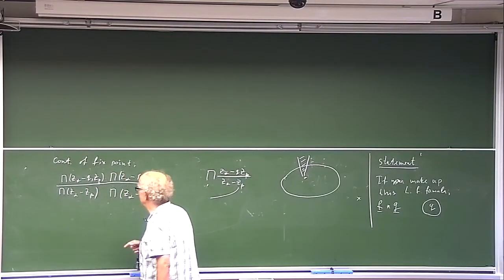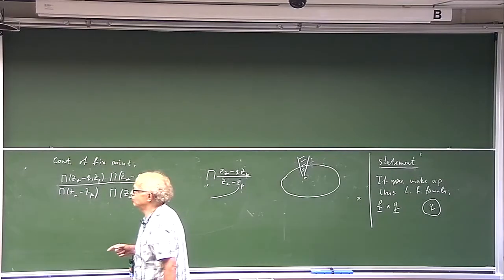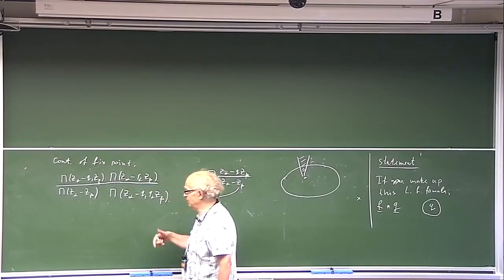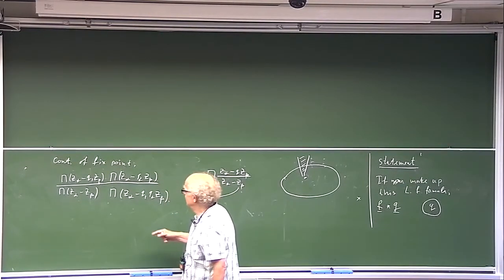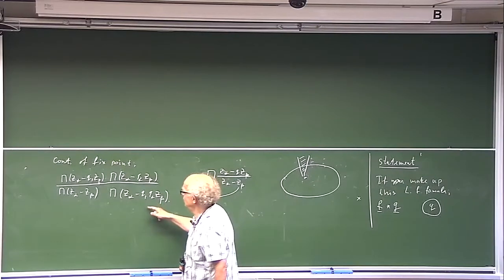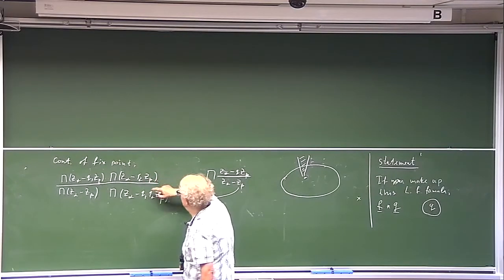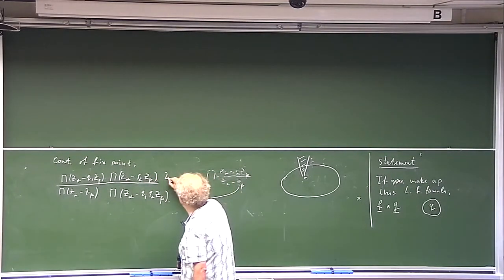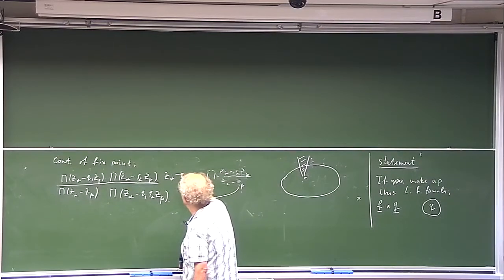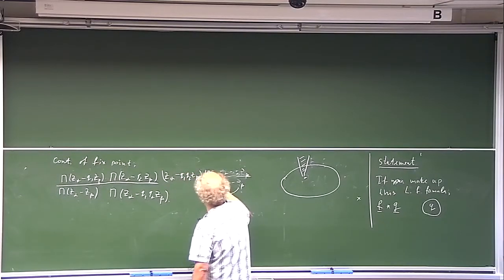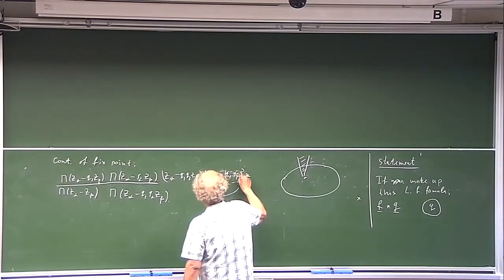Anyway, if you believe me that what we get with this function is the same as what we get if we have this freedom, product of this function with something symmetric, then what can we do? First of all, we can put here the symmetric function z alpha minus q1, q2 z beta times z alpha minus q1, q2 inverse.